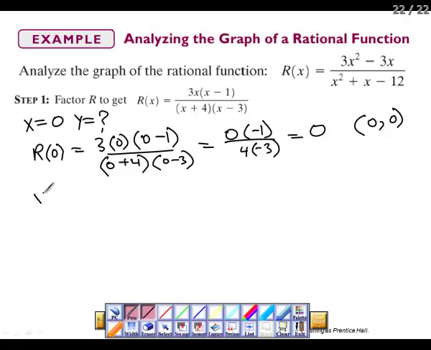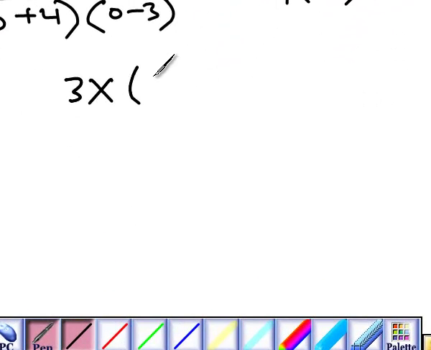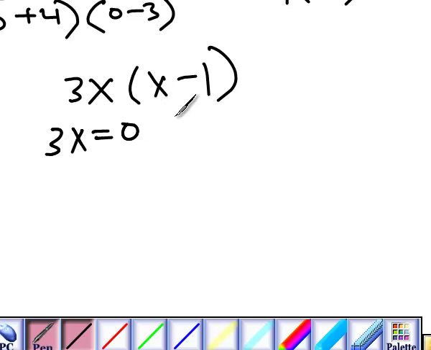Our x-intercepts: if we set y equals 0, solve for x, we take the numerator, set it equal to 0. 3x, parentheses, x minus 1, and we set each factor equal to 0.